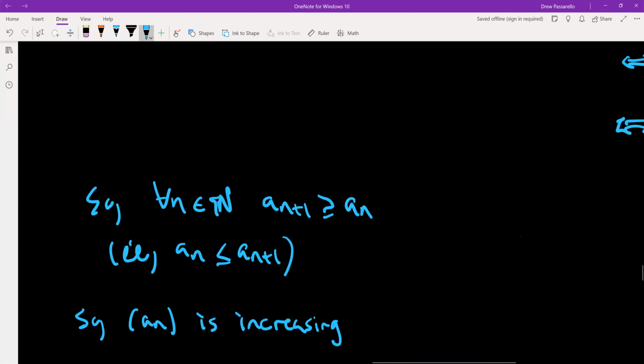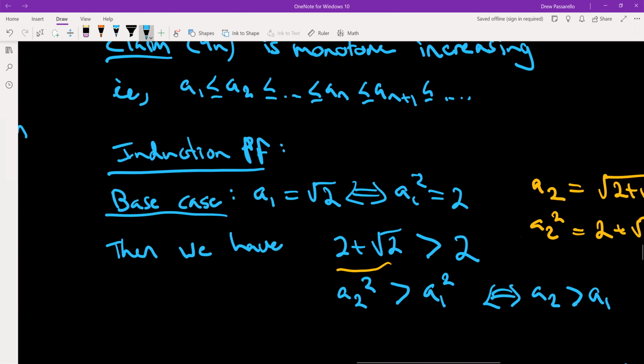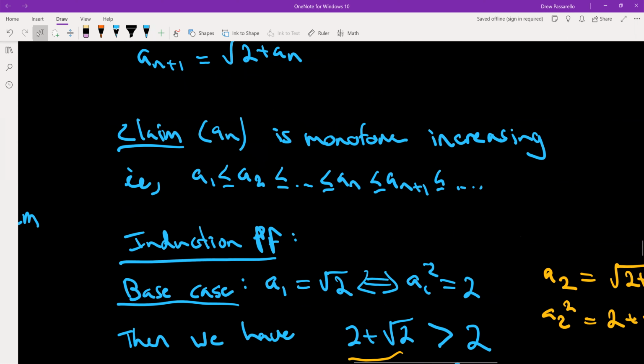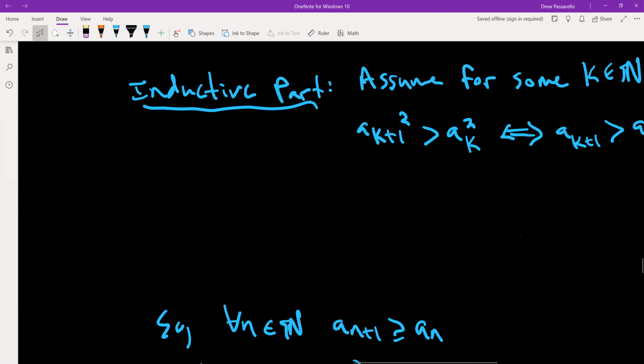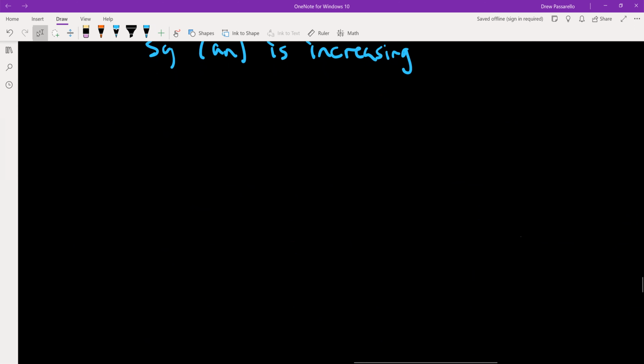All right, now the next thing I'm going to do is, so that was the claim for monotone increasing. Now I'm going to claim that it's bounded. So sequence an is bounded.